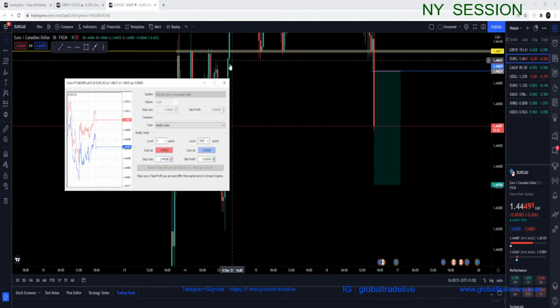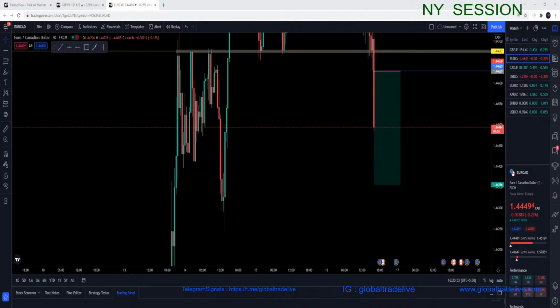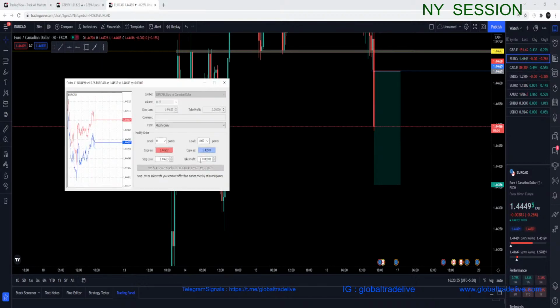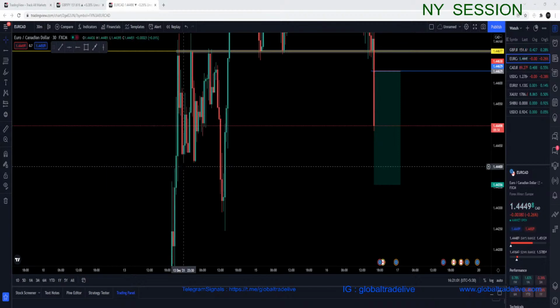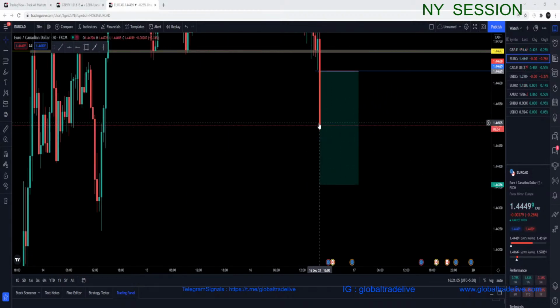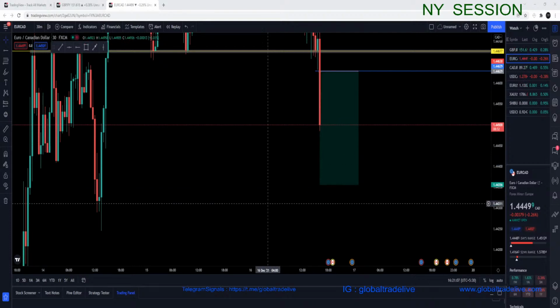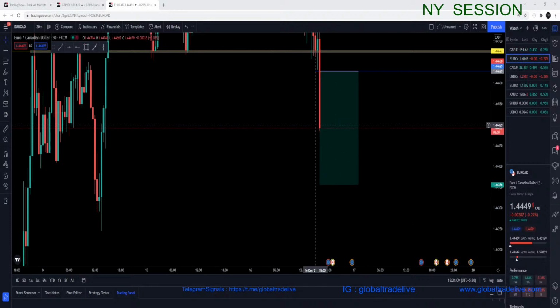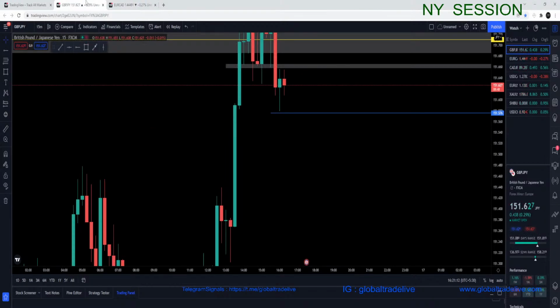Oops, this is SL. 1.44356. So let's see whether the market goes all the way down to this level or if it starts to reject.